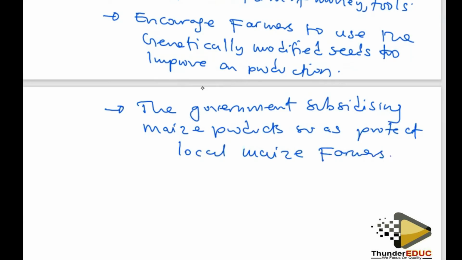So to subsidize, it means the government paying a particular percentage to the farmers so that their maize is not sold at a cheaper cost. So by doing so, it will try to bring stability.